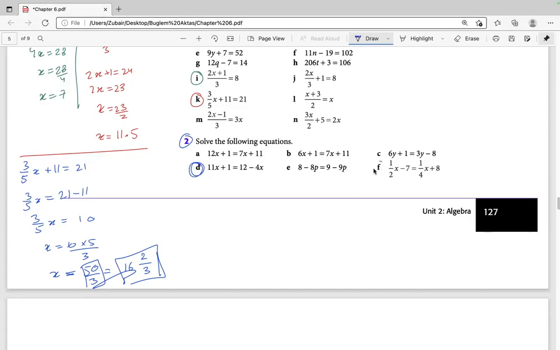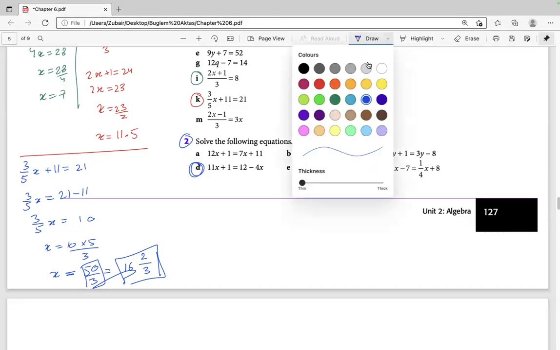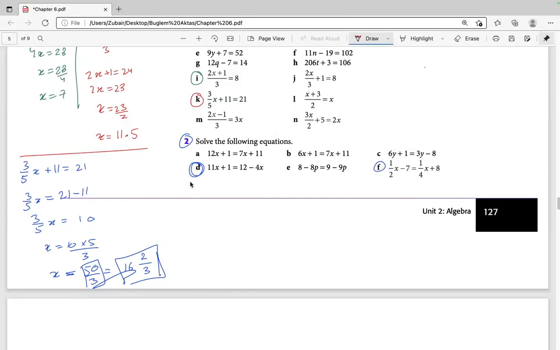So D and F. D and F. 0.73 repeated? 0.73, D. Correct. Okay. And then F.